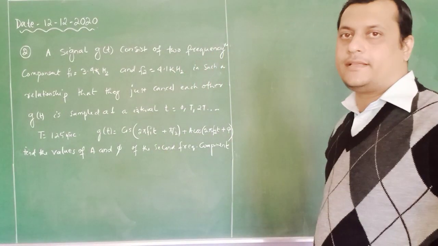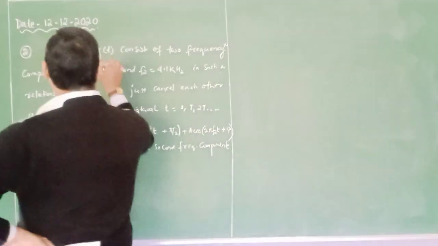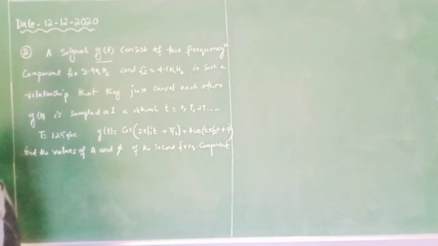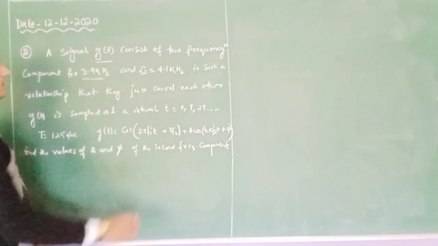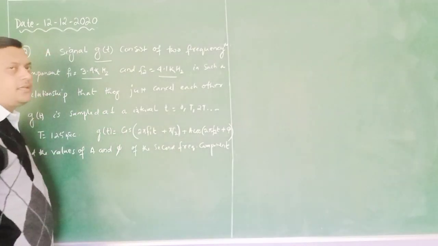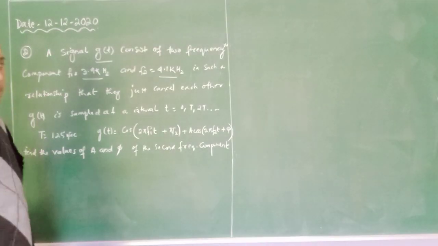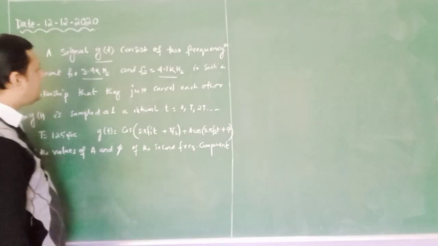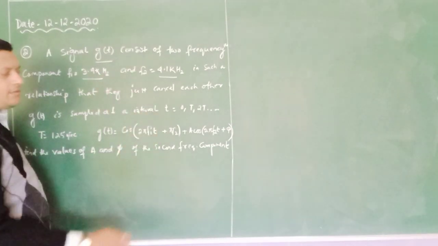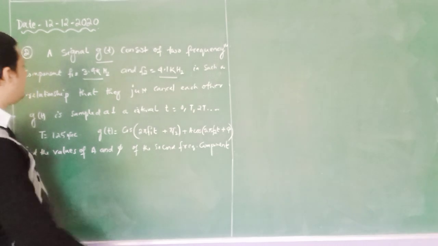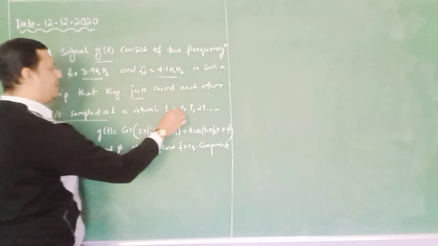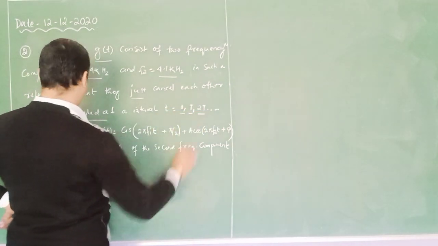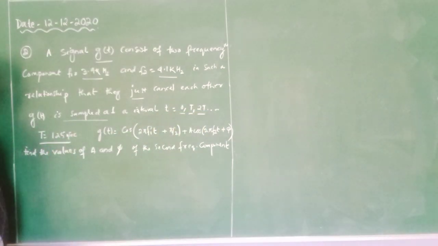So, in this question, g of t is a signal which consists of two frequencies. One is 3.9 kilohertz and one is 4.1 kilohertz, so it is called a multi-tone message signal. These two are placed in such a relationship that they will cancel each other, and it is sampled at an interval of 125 microsecond.